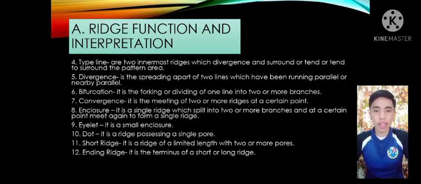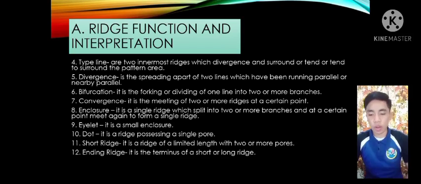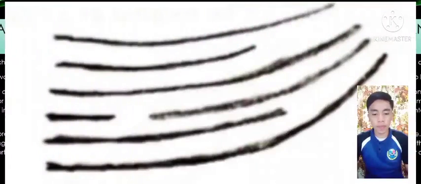Ang iyang ridge kanang murag putol-putol nga limited ra ang iyang pores. Ending ridge. It is a terminus of a short or long ridge. Kanang final point bitaw sa imong final point of the ridge.